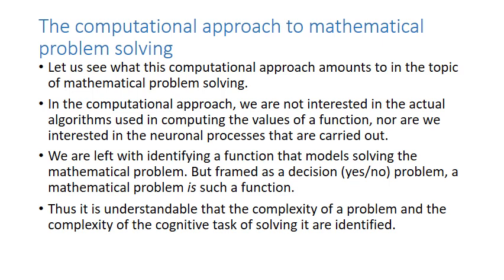When we frame this function as a decision problem, meaning a problem with only the options yes and no as answers, a mathematical problem is in fact such a function. So it is understandable that the complexity of a problem and the complexity of the cognitive task of solving the problem are identified, because both can be framed as a decision problem.